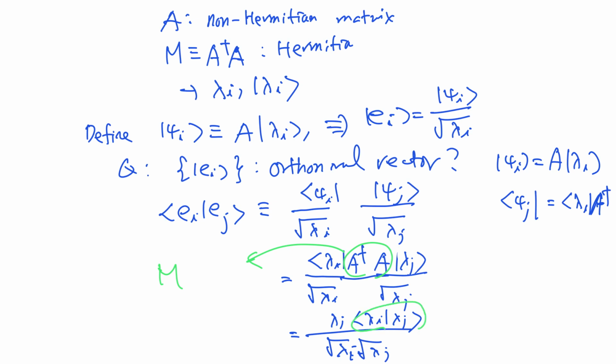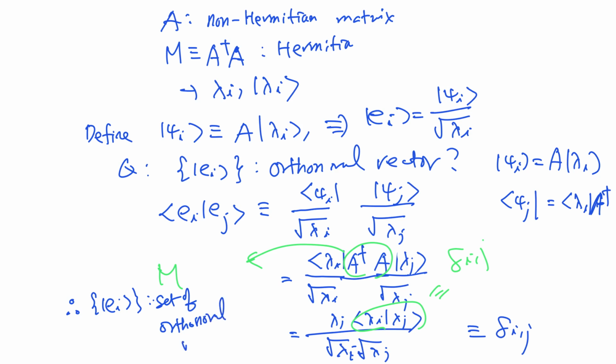They are orthogonal, right? So it becomes delta i j. So we found that this e i is also an orthonormal set of vectors.